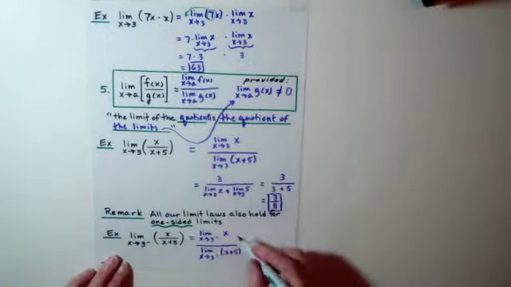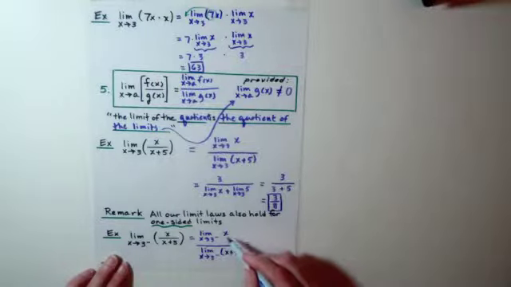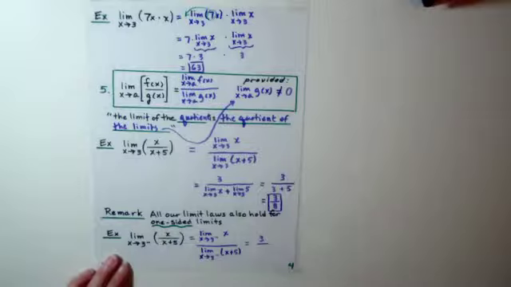And the obvious limit holds for a left-handed limit as well as an overall limit. So the limit as x approaches 3 from the left of x is just equal to the number 3. That's the obvious limit.